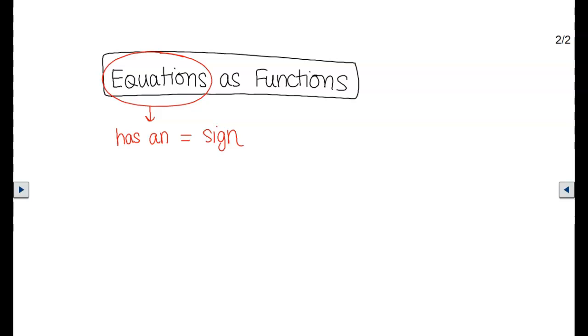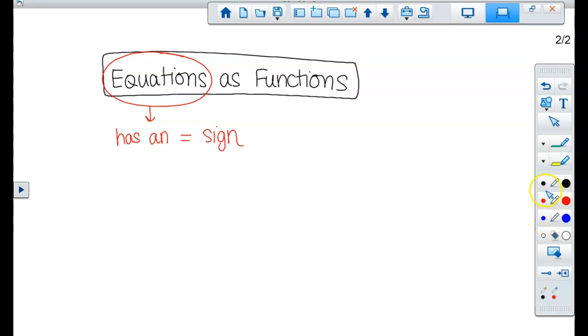We're going to look at how an equation can act as a function, how an equation can connect an x value to a y value. When we talk about an equation as a function, the equation is going to describe to us how those connections are being made.